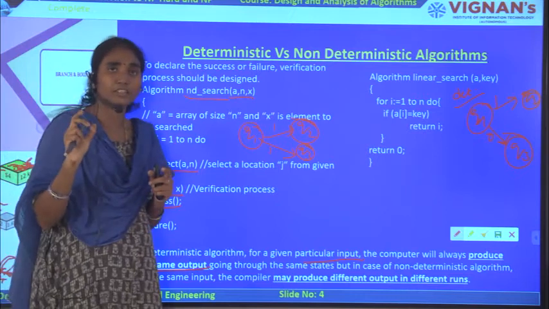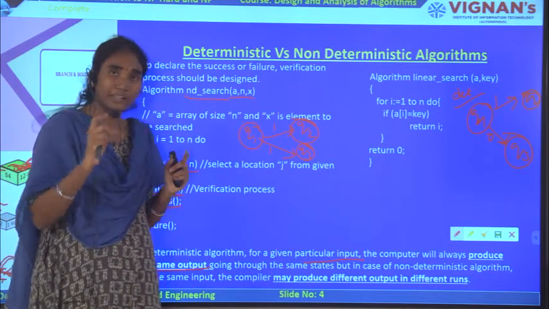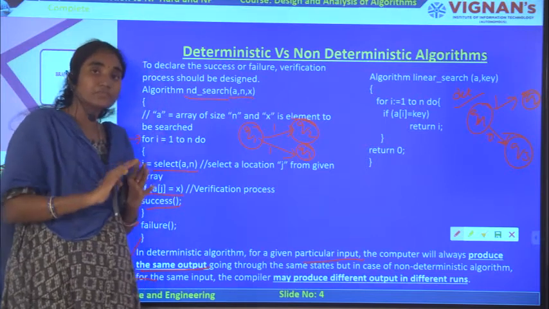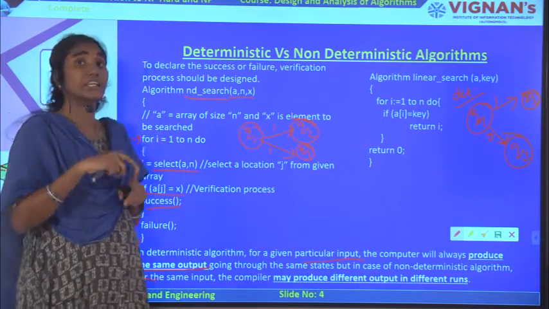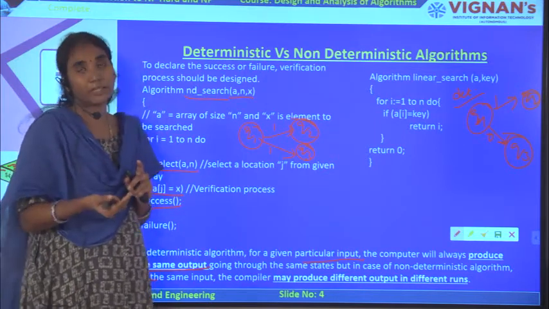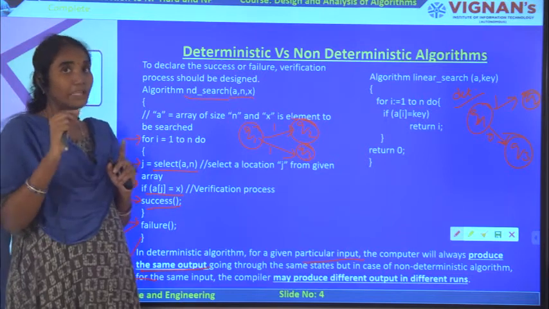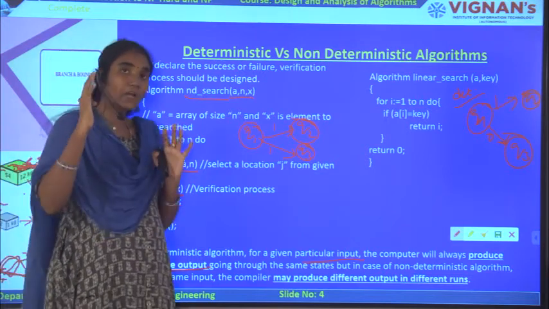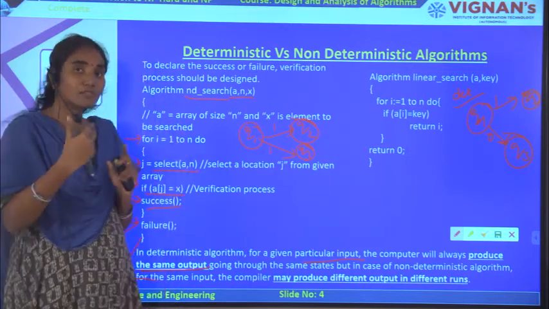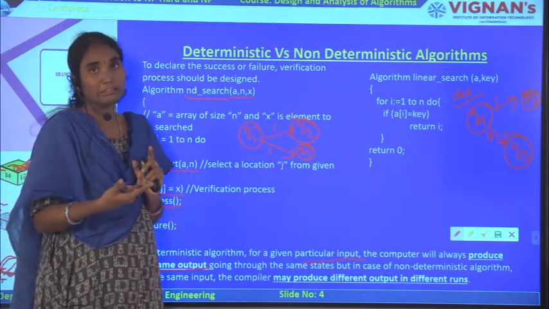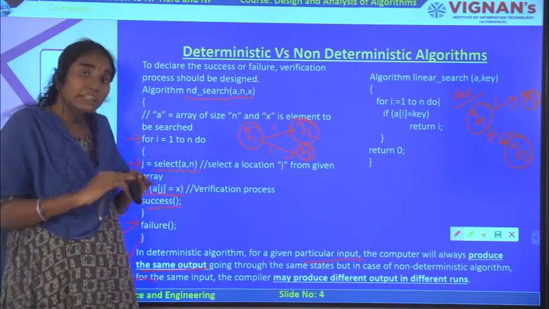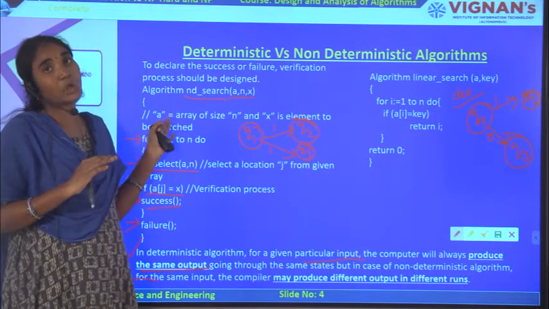For any of these algorithms, if you write a non-deterministic algorithm, and if that non-deterministic algorithm is working within polynomial time, then we can say that that problem is almost equivalent to solving within polynomial time, right? So for that I need to know how to write a non-deterministic algorithm.